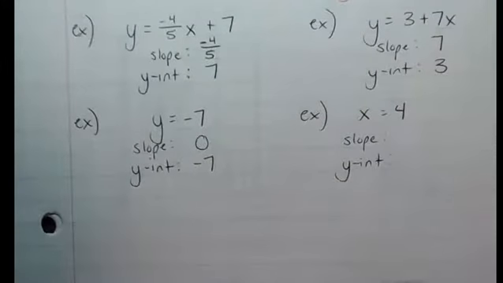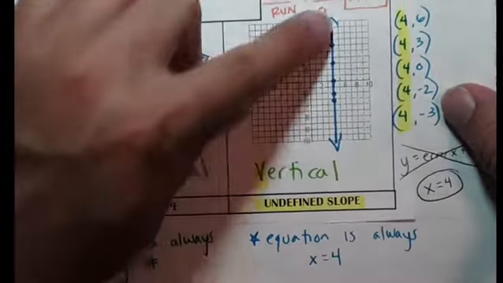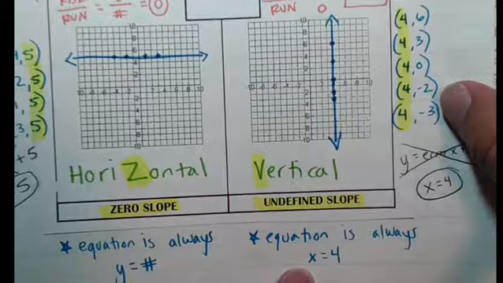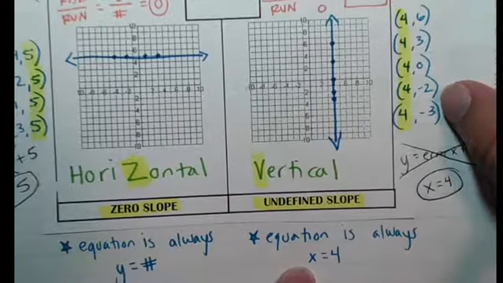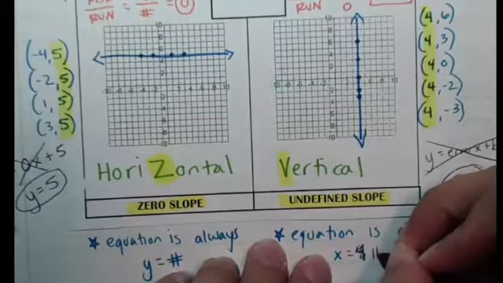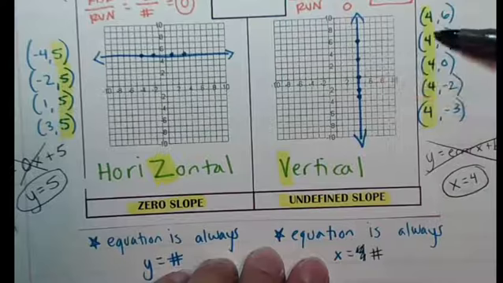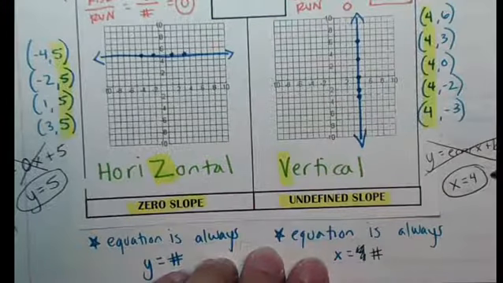Okay, this second one. Again, if I look back in my notes at the types of slopes that I have, a vertical line, I always write the equation x is equal to that number. In this case it was x is equal to 4 because all the x values are 4. So when we write the equation for that, we have x is equal to 4.